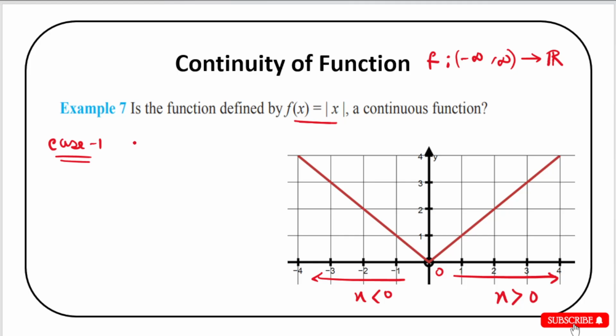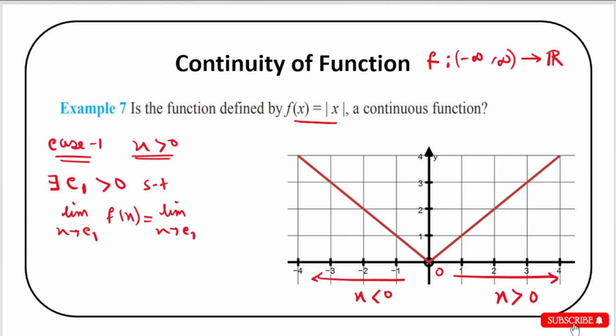Case 1 is that you are considering the range x is greater than 0. So you have to say that there exists a value c1 greater than 0 such that limit x tends to c1 of mod x is equal to mod of c1, which is equal to c1, right?